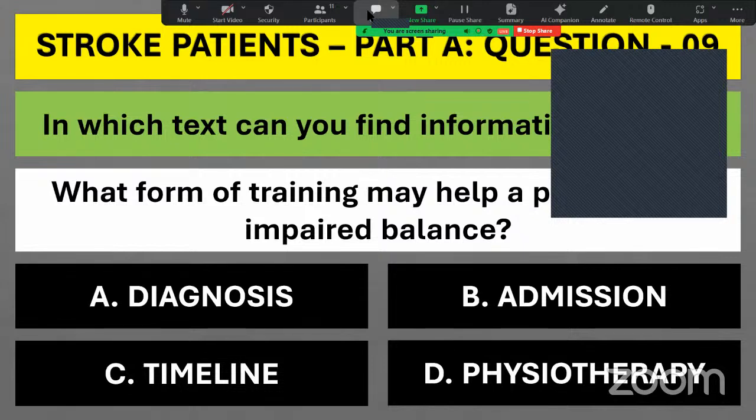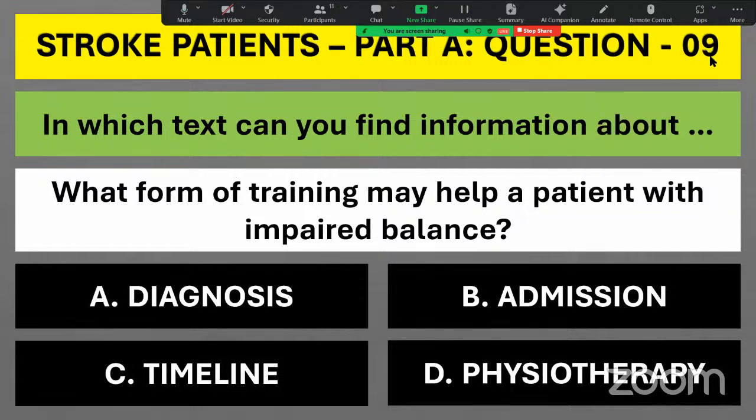Now, what form of training may help a patient with impaired balance? What form of training may help a patient with impaired balance? Will you get it in diagnosis or in admission or in timeline or physiotherapy?